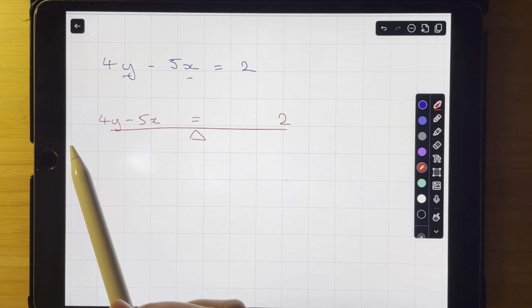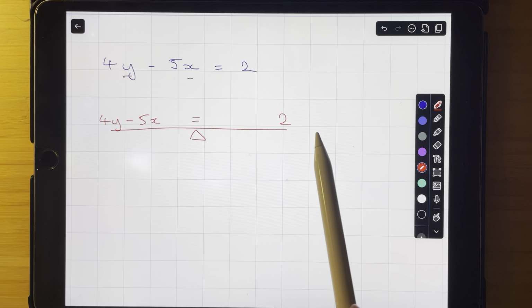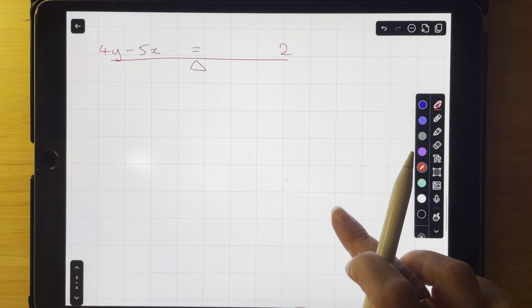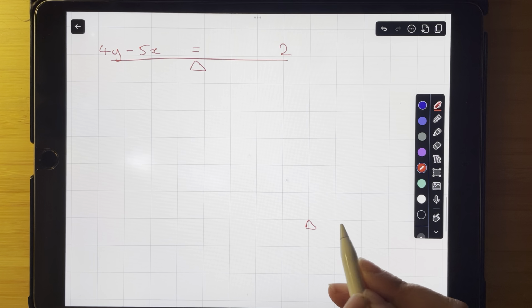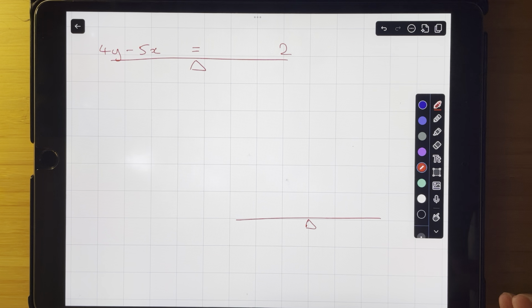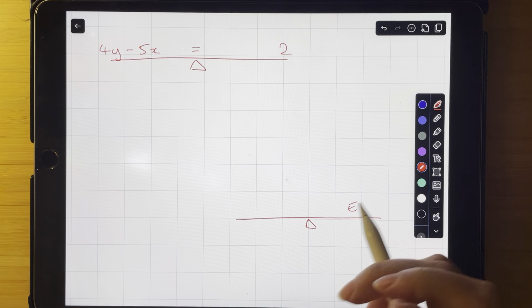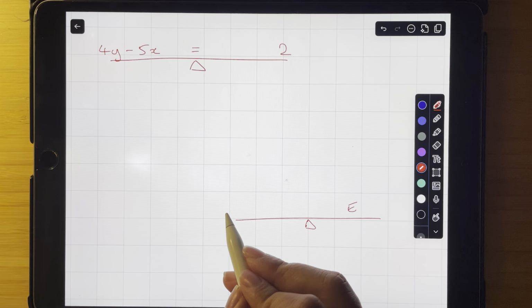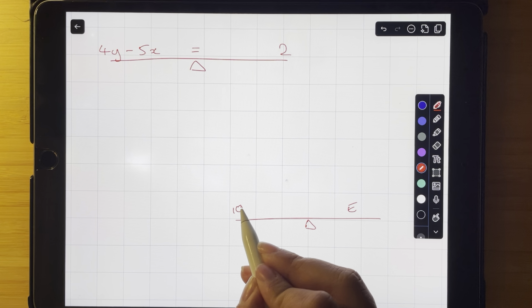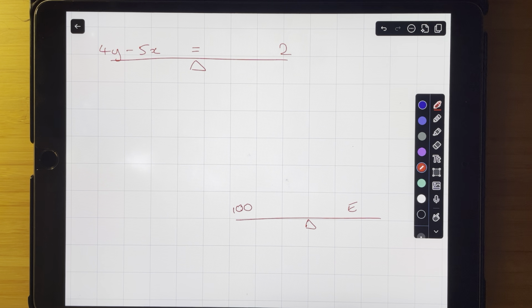The idea is, whatever you do to the left-hand side, you need to do to the right-hand side. And this is because, I always use something like some sort of animal. If you have one elephant, and this weighs 100 kilograms, I have no idea how much elephants weigh.